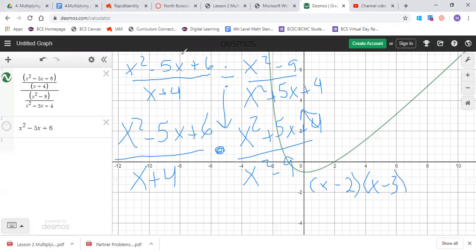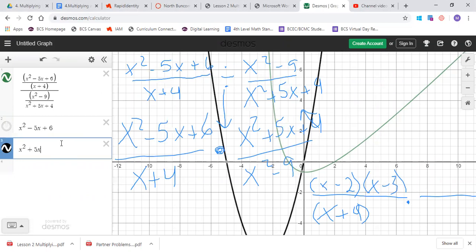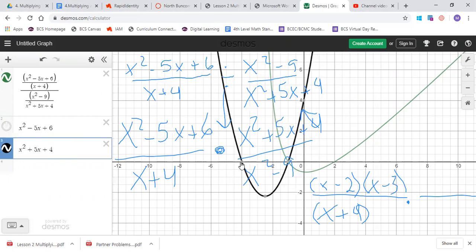So I'm going to type in x plus 4 in parentheses and then times. Hopefully this will all fit. And then I'm going to get x squared plus 5x plus 4. Find those roots. So it looks like I got negative 4 and negative 1.